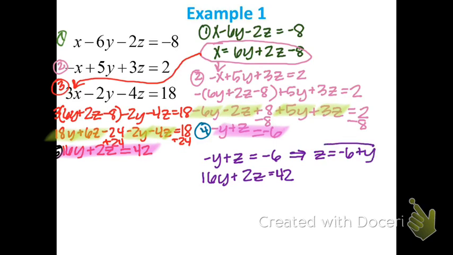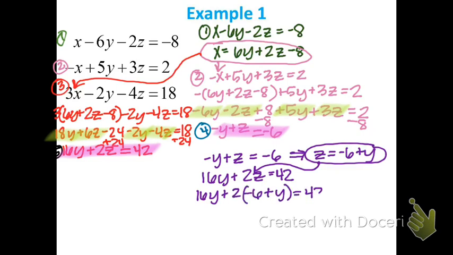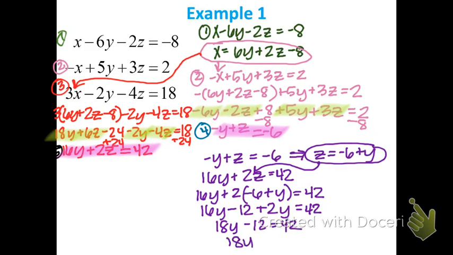Now we can substitute this in for z. So I have 16y plus 2 times negative 6 plus y equals 42. 16y minus 12 plus 2y equals 42. 18y minus 12 equals 42. 18y equals 54.